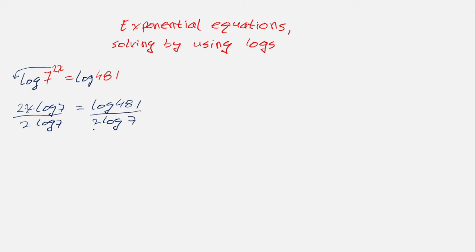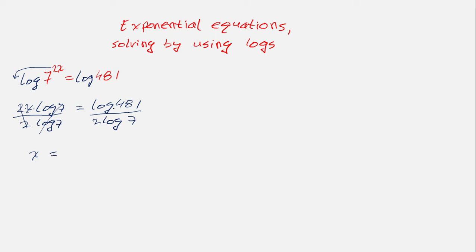And then all we need to do is plug this into the calculator, type it into the calculator as it is, and we will get an answer. So these cancel, so we just get x by itself.